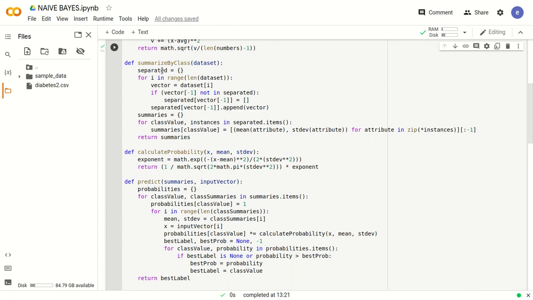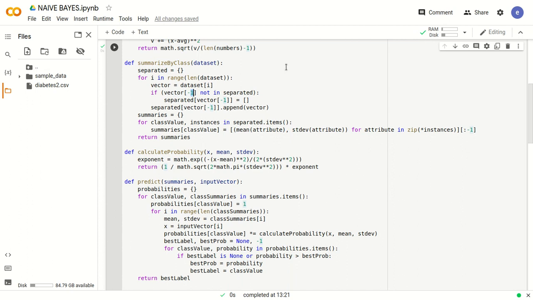We create an empty dictionary called separated, and we traverse the entire dataset. Now what is vector here? Vector is equal to dataset of i, that is each instance, each row of the dataset, stored in a variable called vector. And vector of -1, what does this mean?